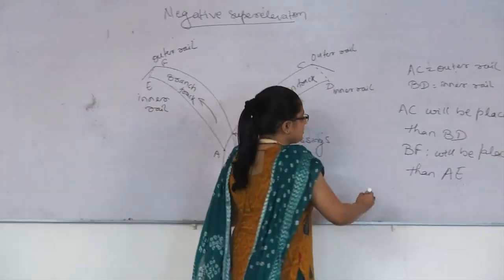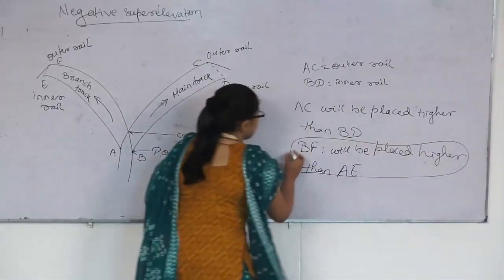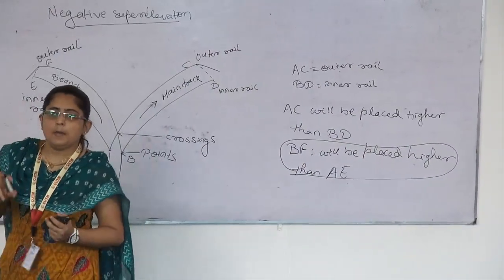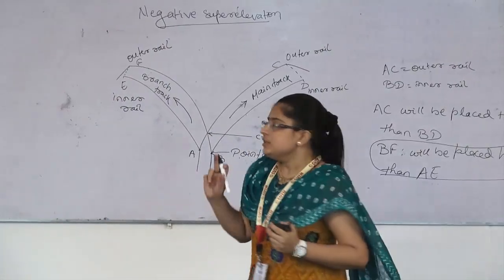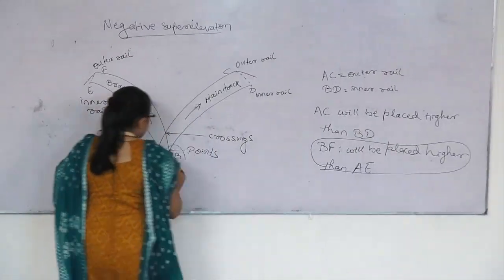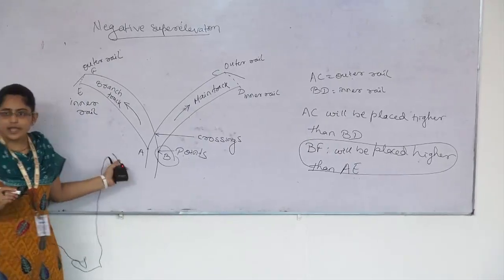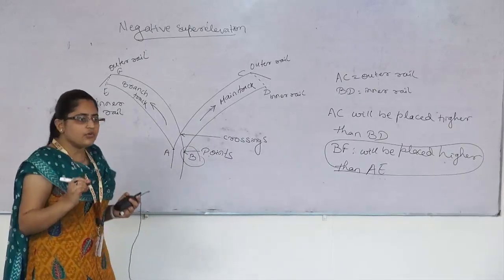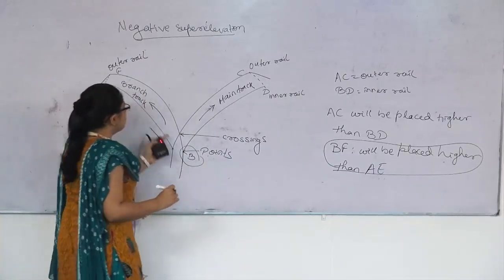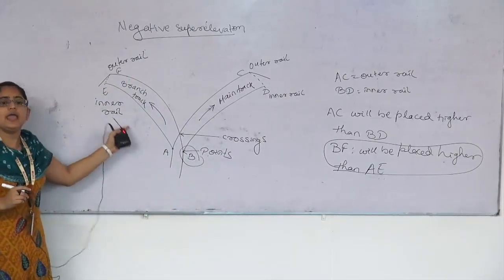but this condition does not happen because A and B become contradictory points. So for this we can't place BF higher than AE.